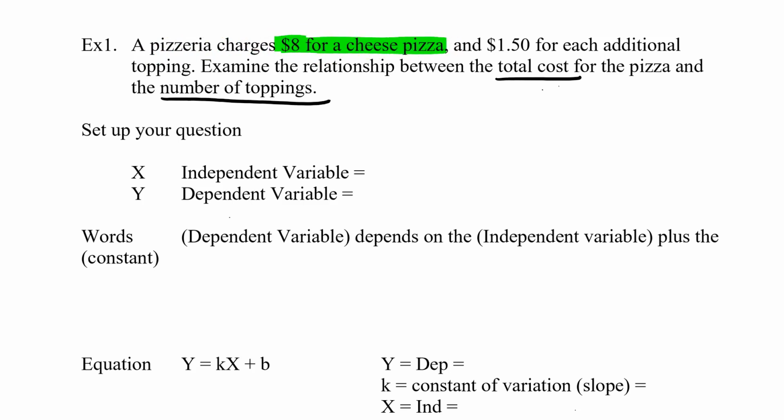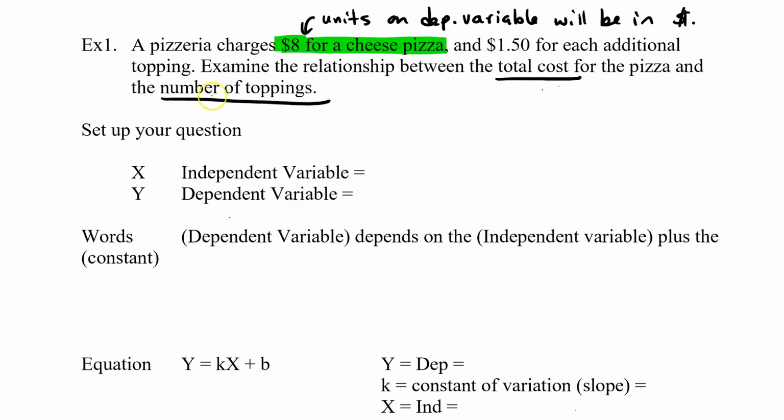The fixed cost gives you an insight into what the units on the dependent variable are going to be. So we know the units on the dependent variable will be in dollars.